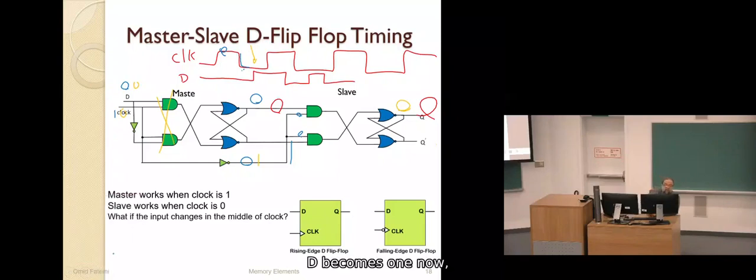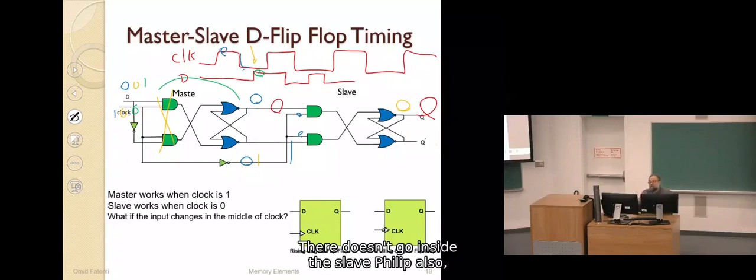So D becomes 1 now, but the clock is still 0. You see, D becomes 1 here, but the clock is still 0. So the clock is 0, it means that the master flip-flop doesn't do anything. So D is 1, but nothing happens. D is still there, doesn't go inside.